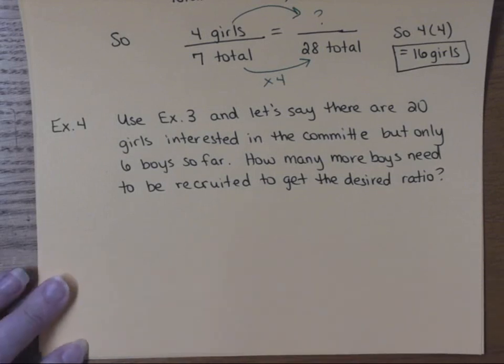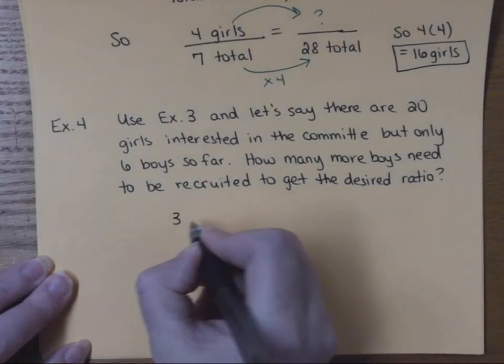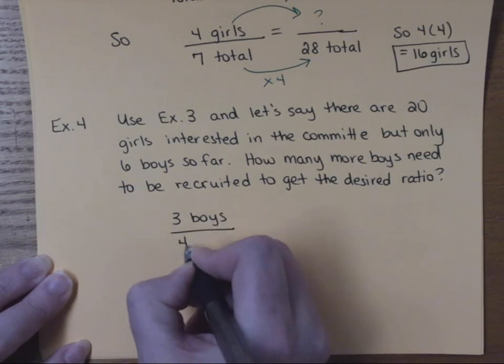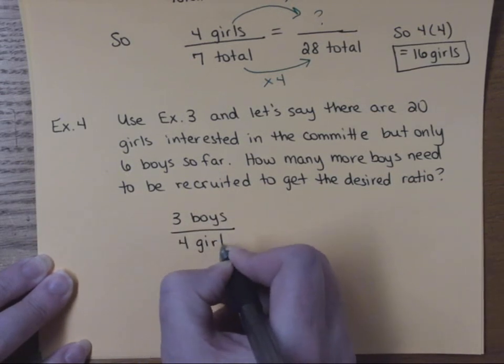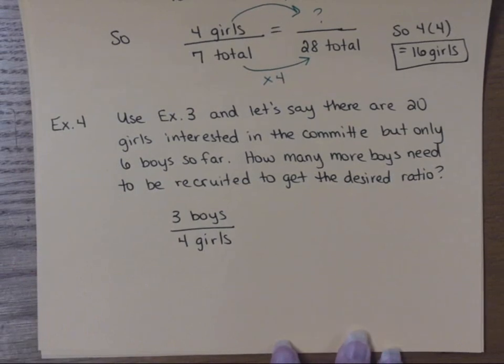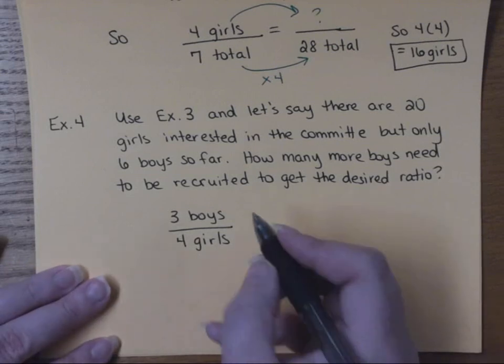Okay, so this is one of the problems where we have maybe not some extra numbers, but you have to decide what should go in your ratio or proportion. So I know I'm supposed to have 3 boys for every 4 girls. By the way, I can go back to a part-to-part comparison because that's the problem, right? I don't even mention how many total members there are, really.